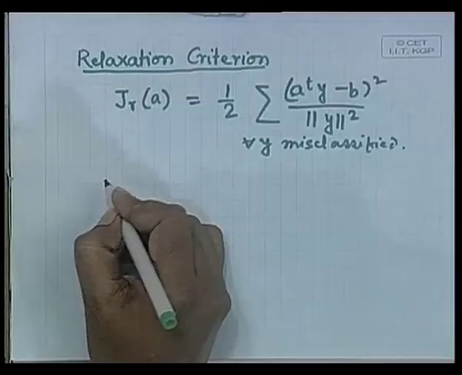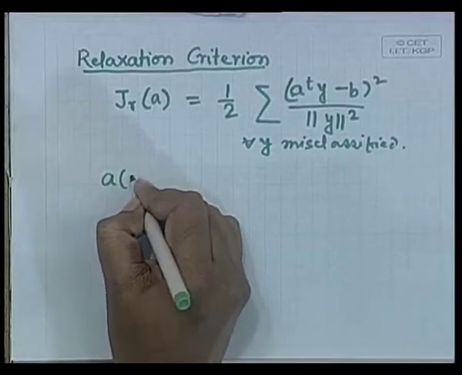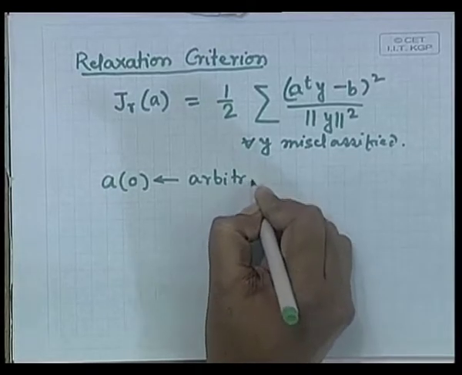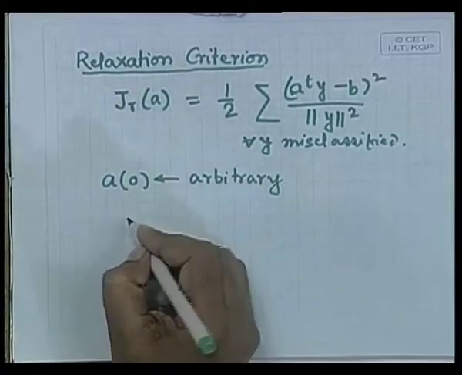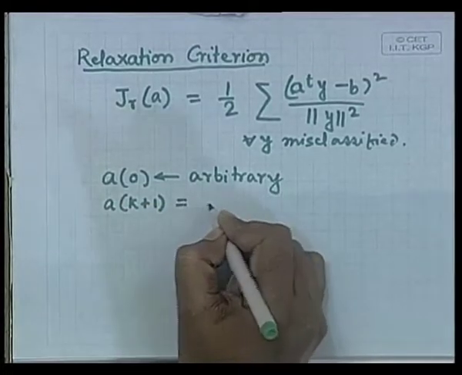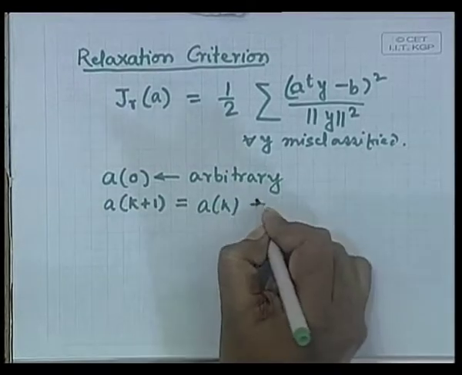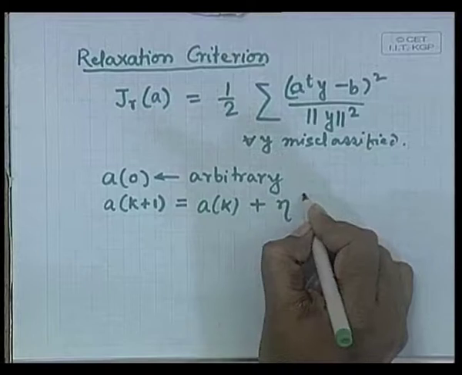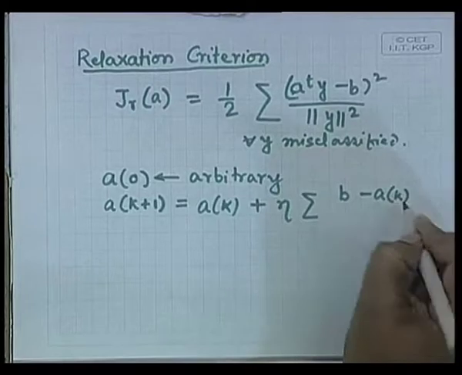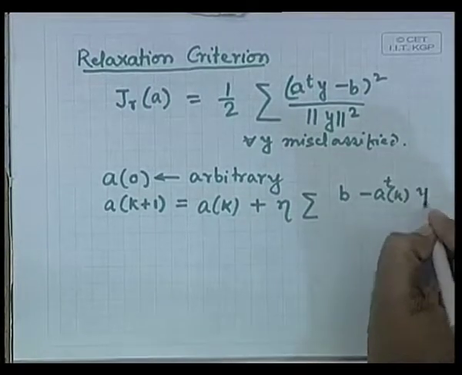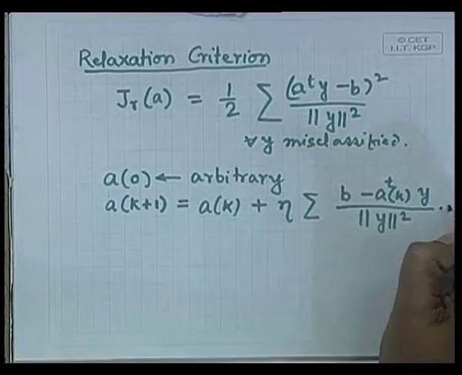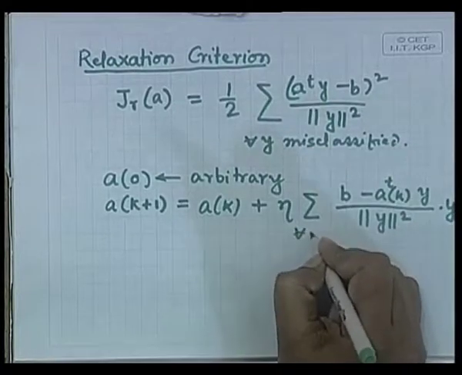So, we have this relaxation algorithm, which is given as A 0 is chosen arbitrarily, and then the iterative approach, that is A k plus 1 is given by A k plus eta times summation of B minus A k transpose y upon mod of y square into y, for all y misclassified.